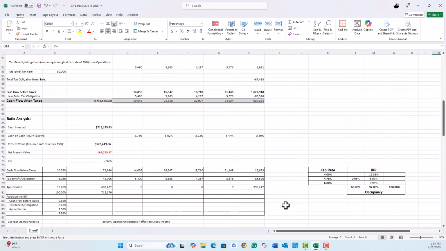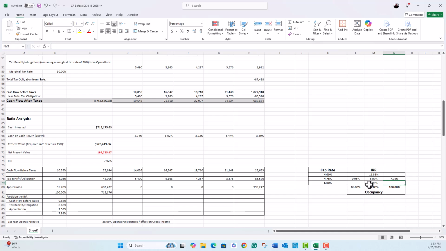And the internal rate of return is 7.92%. All right. So at 100% occupancy, if the cap rate stays the same, the maximum return is 7.92%. That is definitely nothing spectacular.